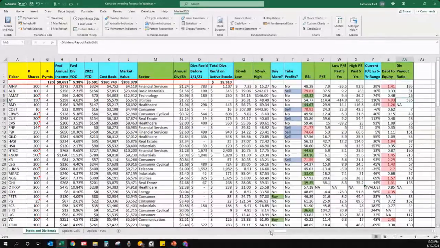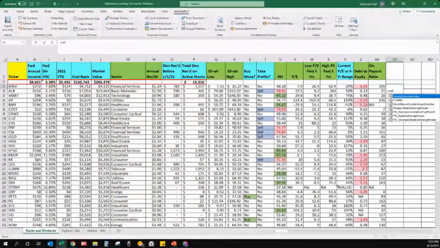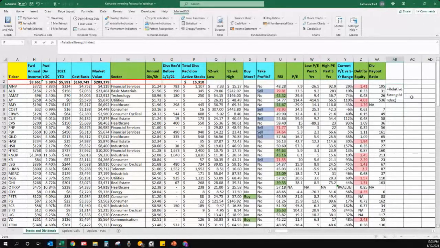If you had other quality or valuation or any other kind of criteria that you wanted to bring in, you can see that it's fairly easy to get the information. If I wanted, for example, I can't think of one right now, but let me just show you how the relative strength index is done. I just type equal and start typing relative strength index.